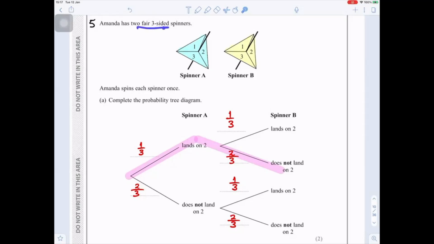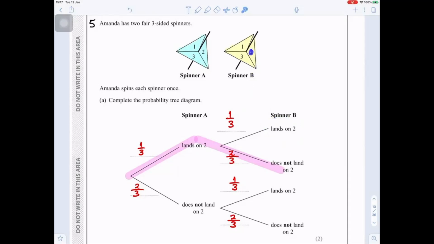It's fair. So the probability that it lands on 2 for spinner A is 1 out of 3, because there's one of them out of 3. And then the probability that it does not land on 2 is 2 out of 3, because there are 2 numbers that are not 2, 1 or 3. So it's 2 out of 3. You go to spinner B. The probability that it lands on 2 is 1 out of 3.